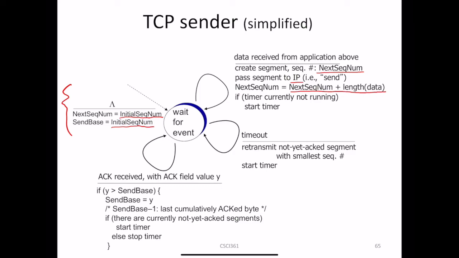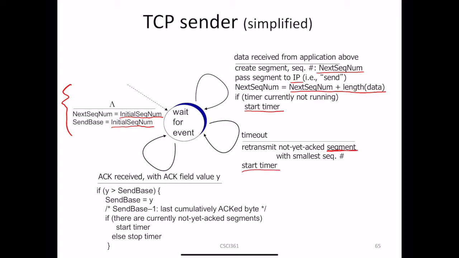If the timer is not running, it means this segment is the first segment in the window, so we need to start the timer. When the timeout happens, we only retransmit the not yet acked segment, the single segment with the smallest sequence number, and then don't forget to start the timer again.